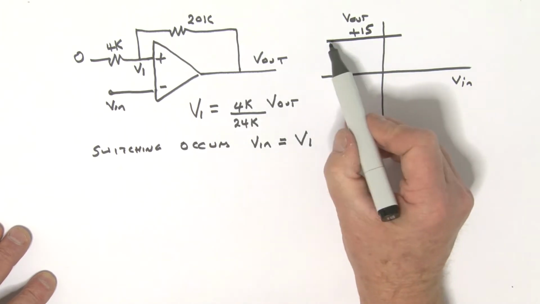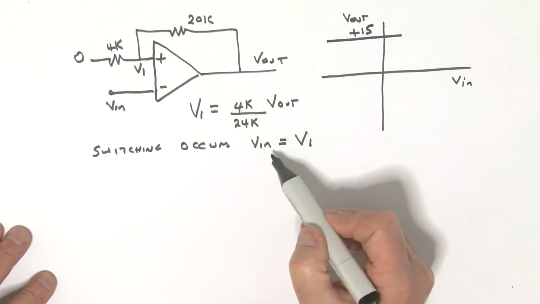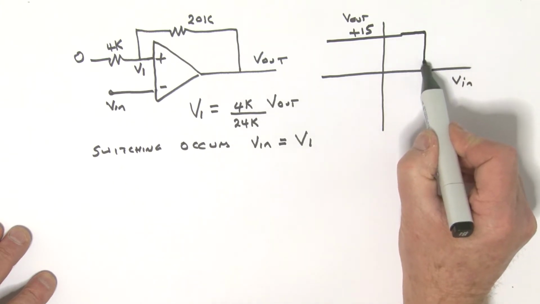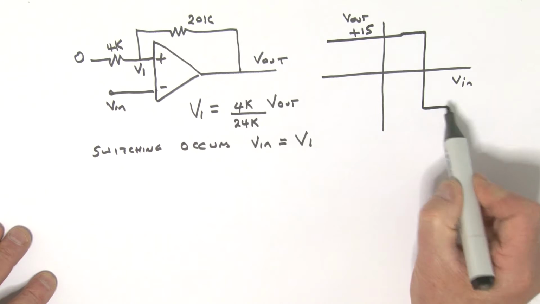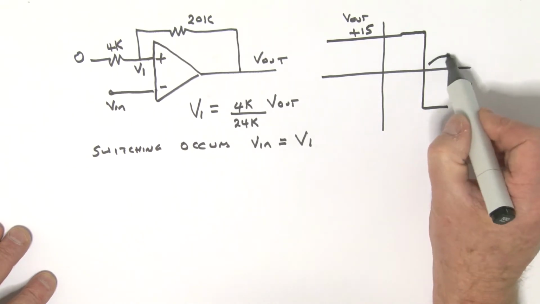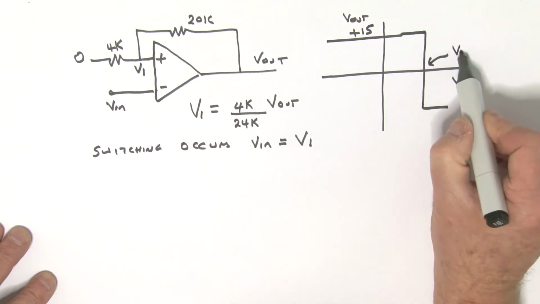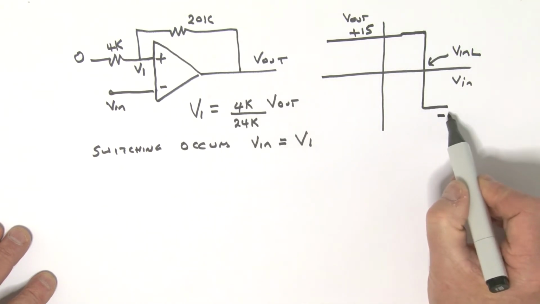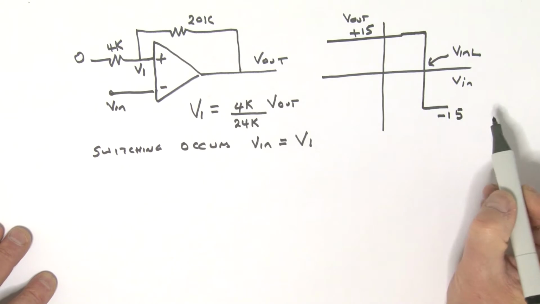Now that's going to be a specific value of Vin because we're going to switch from a high to a low condition here. So we're going to call this point VNL, going from a high to a low value, a minus 15 volt value.